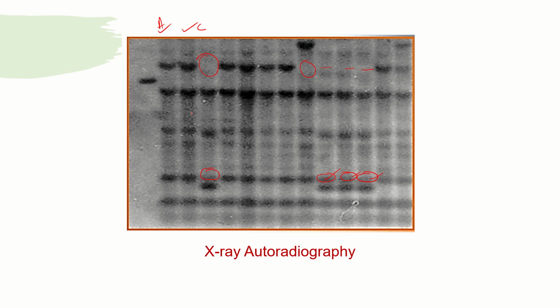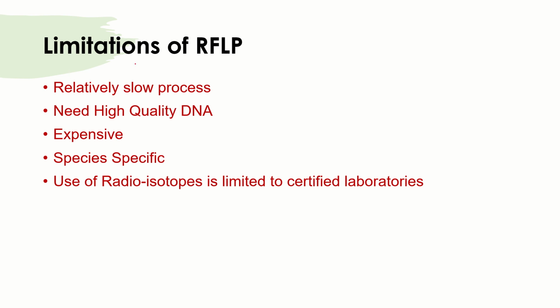Apart from plants, it can be used for criminal disputes and for parenting disputes. We can use this technique there also as a marker. The limitations of this technique are that it is a slow process. Sometimes it takes 1 or 2 years to generate data. Then it needs high quality DNA. If you have less DNA sample, that will be problematic.